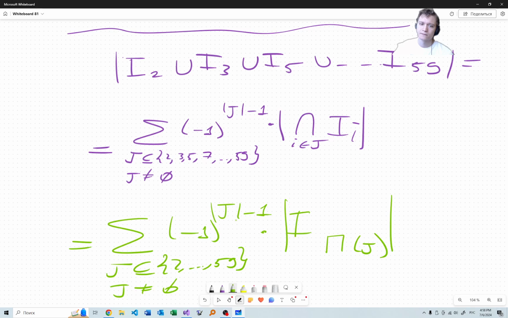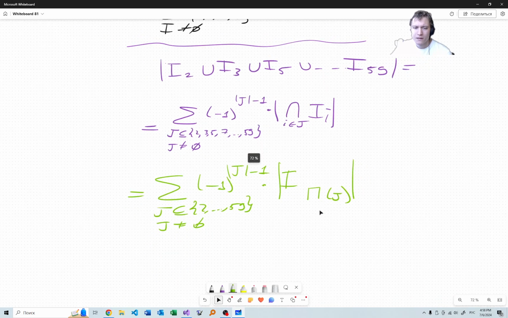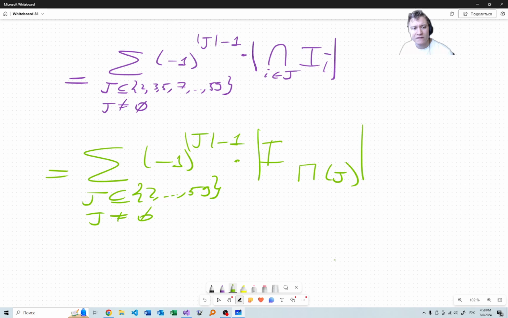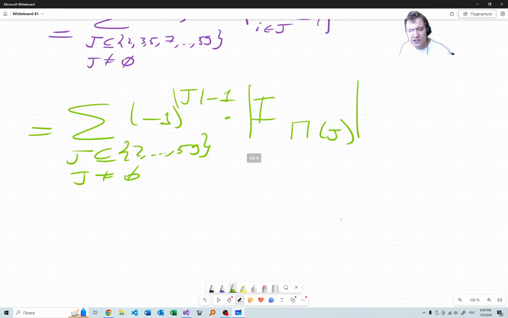Okay? So, to find the answer, we need to take all possible subsets of J and take minus 1 to the power J minus 1 and multiply it by the size of this set. What's interesting about this is that instead of iterating over all possible subsets, let's iterate over all possible numbers which are taken here.